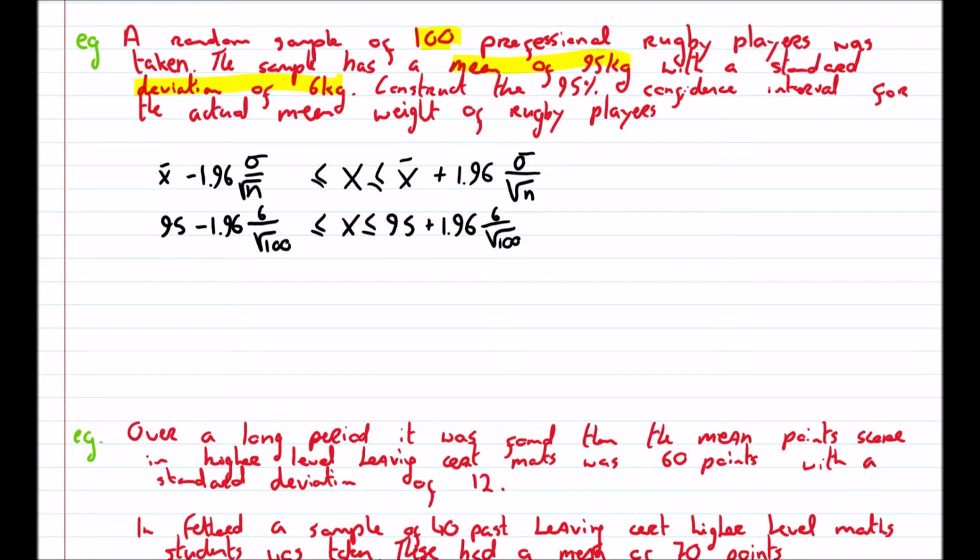Just to make this clear, it's just a coincidence that this is 95 and this is 95. This 95 here is taken from this. I know you know that anyway, but just to make sure.